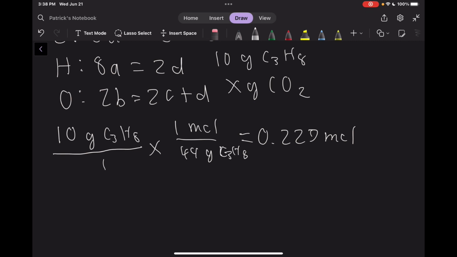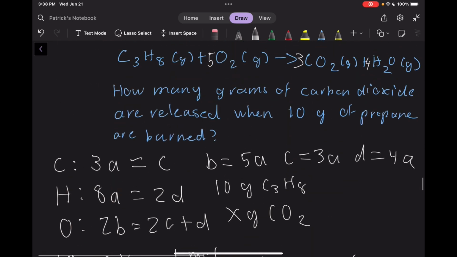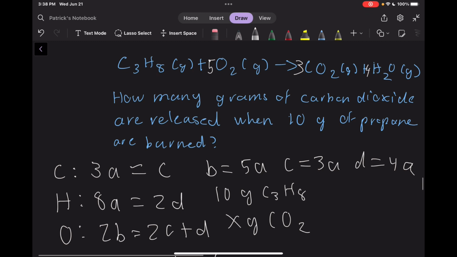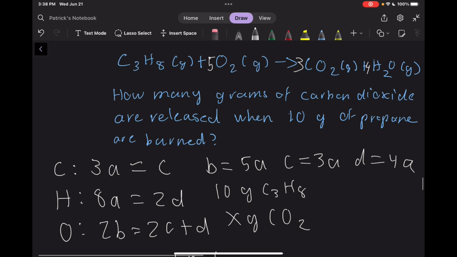We now need the molar ratio of carbon dioxide to propane, and for this we look at the stoichiometric coefficients in our chemical equation. The coefficient of carbon dioxide is 3, and that of propane is 1, so the ratio is 3 moles of CO2 over 1 mole of propane.